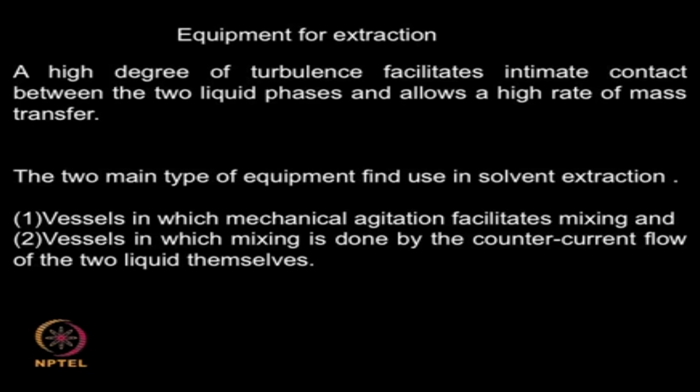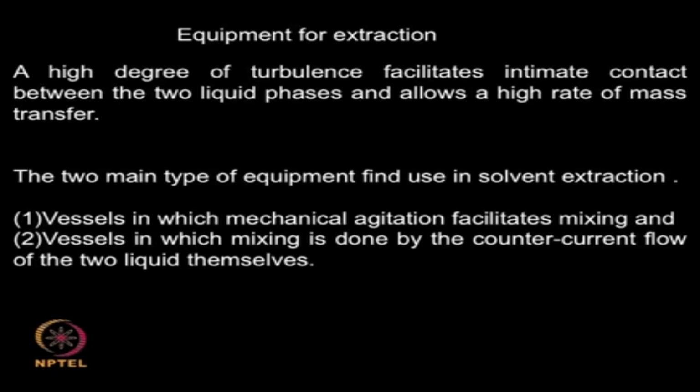In all the labs we always have a separating funnel which is tapering downwards, but in large scale operation you may have to resort to many different types of mixing and separating systems because of many problems which we said, because of non-ideality and the viscosity conditions, and you want to do this entire operation very fast.